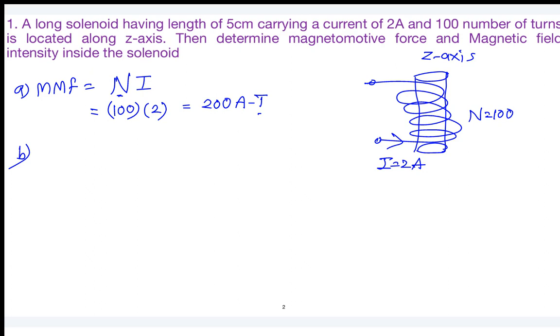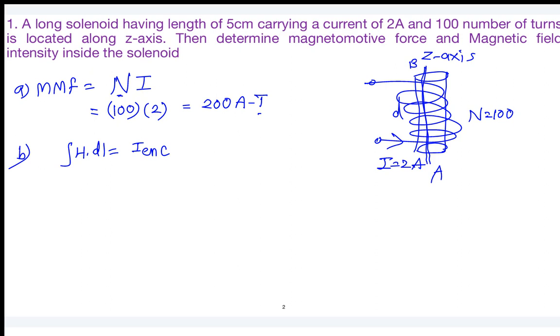If you don't remember the formula, you can straight away follow the approach. Let us say you are integrating from A to B, whose length is D. What does the closed line integral say? Integral H dot dl is equal to I enclosed. If you don't remember the formula, you follow the conventional approach.